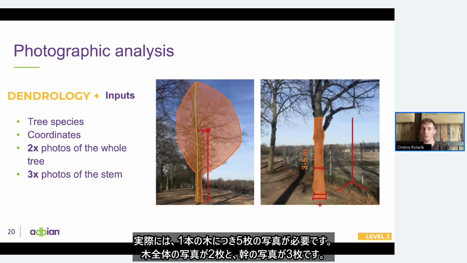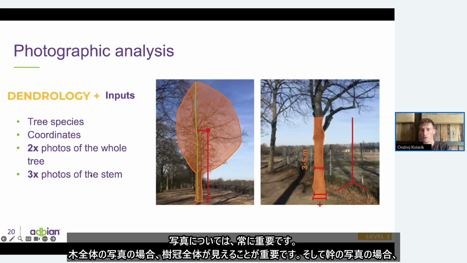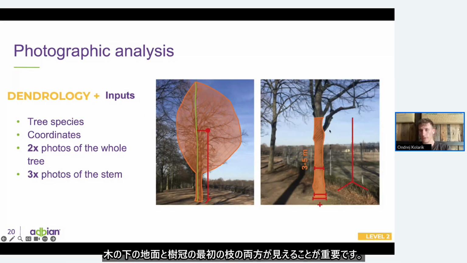So it's 2 photos of the whole tree and 3 photos of the stem. For the photos of the whole tree, it's always important that the whole crown is visible. And for the stem photos, it's important that we can see both the land below the tree and the first branches of the crown.